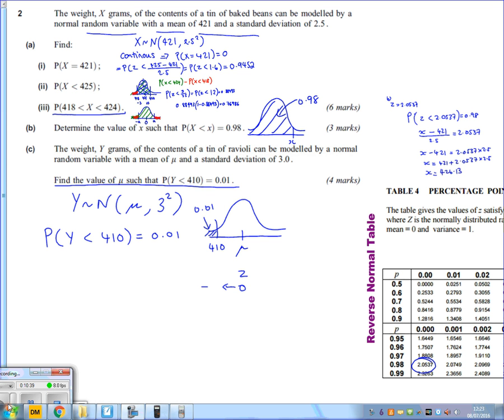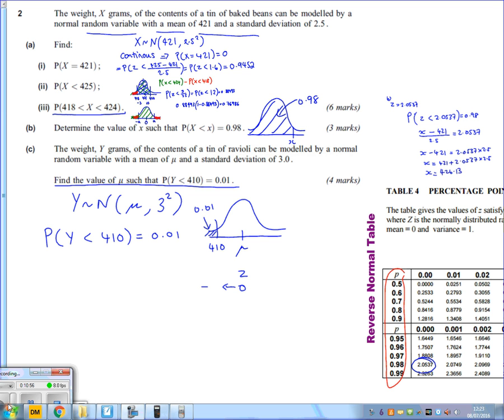I'm going to use my reverse normal table again, but I can't look up 0.01 on that table, because it's not an option. It only goes from 0.5 to 0.99. If we have a look down here, these are the probabilities that I can look up on my table.